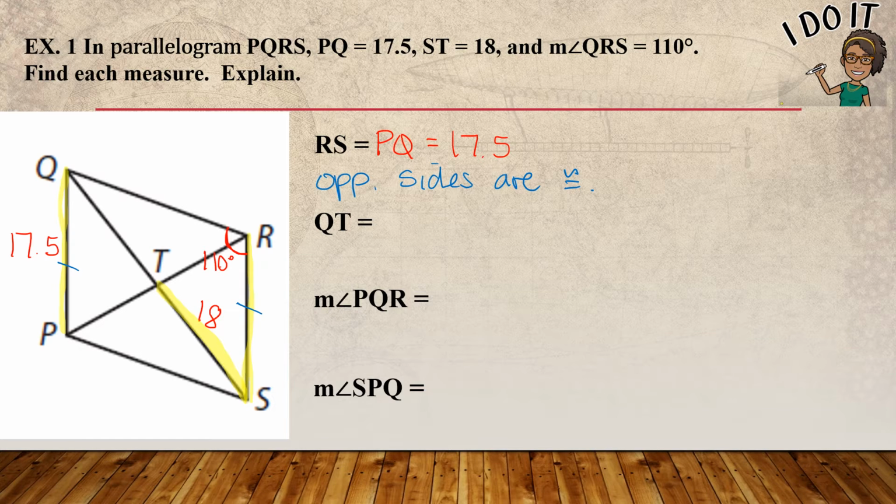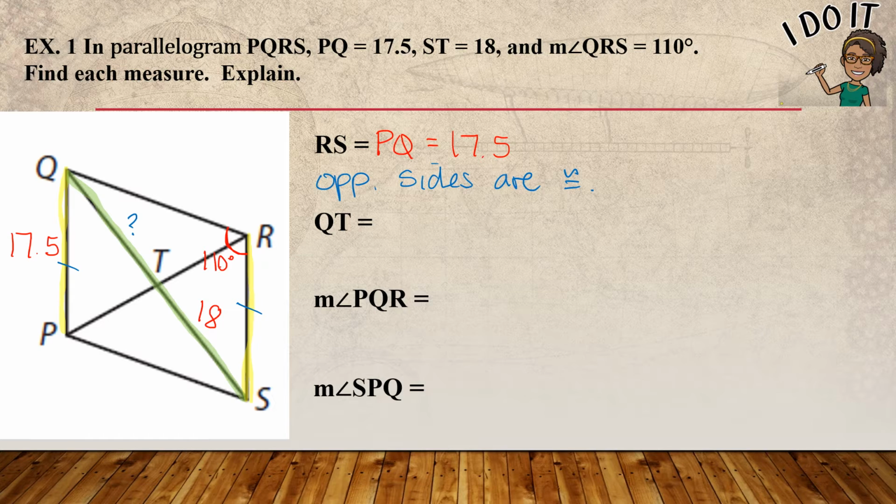All right, let's look at QT. So QT is a part of the diagonal QS. Actually, let's make this a different color so that way we don't get confused. So QS is this diagonal, and we're trying to find QT. We're trying to find this segment right here.